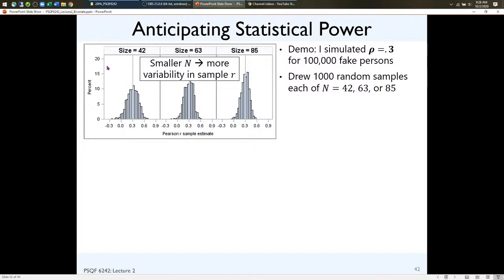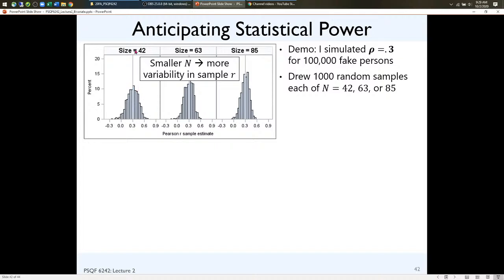And I've highlighted the right answer as the middle here. The blue lines are over the 0.3 population value. And you can see that on average, we get the answer right. But the devil lies in the details. On average doesn't guarantee what's going to happen in any one sample.